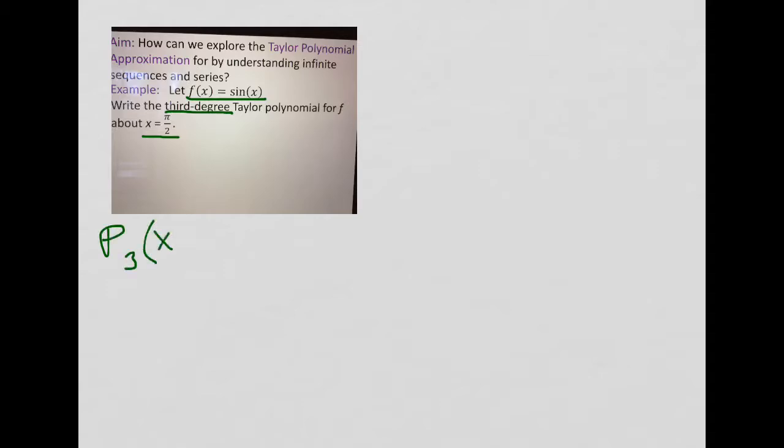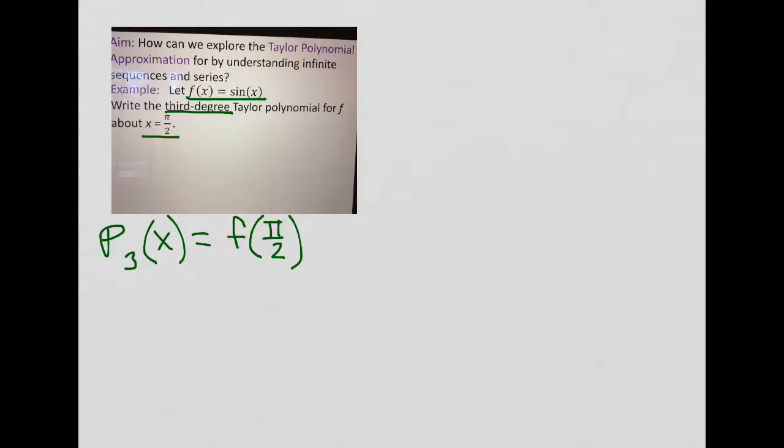Okay, so our polynomial is going to be p of x. We're going to write p sub 3 of x here. And we're going to be using the function sine of x equals f of x. So if it's centered at pi over 2, a sub 0 turned out to be f of our center.